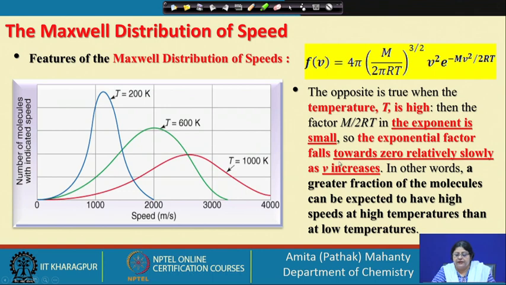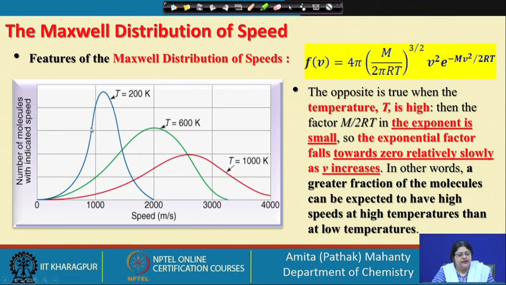So, the exponential factor falls towards 0 relatively slowly, okay, as we increase the speed. So, for the higher speeds of the molecules, the rate at which they decay will be lower when the temperature is higher.